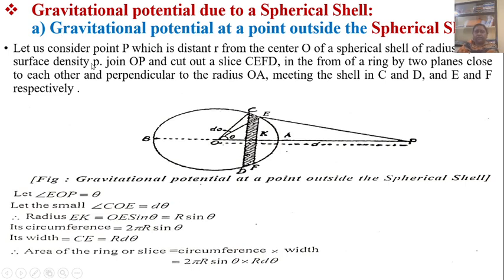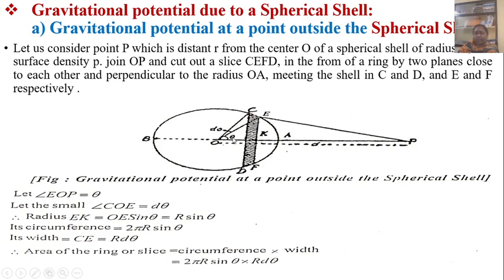So let us consider a point P, as shown in figure, which is at distance r from the center O of spherical shell, of radius, that is capital R, and surface density rho. Join OP.